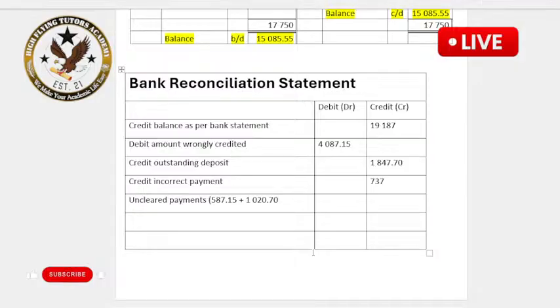And then there are other uncleared payments in our question, in the previous bank reconciliation statement. I want us to go there quickly.